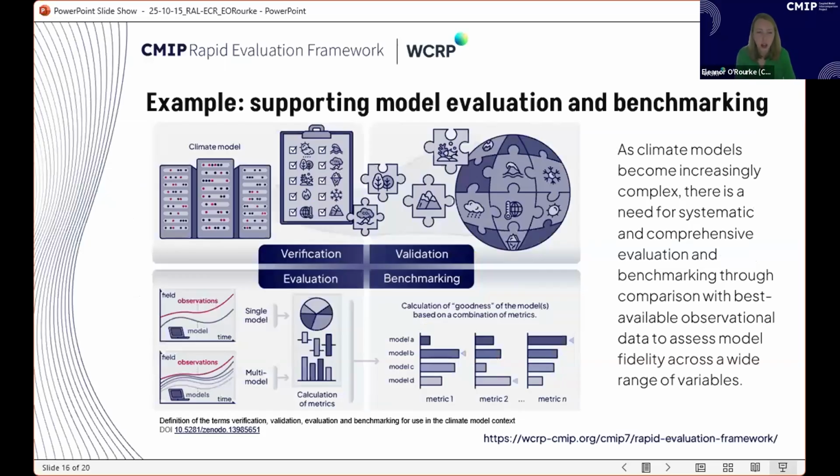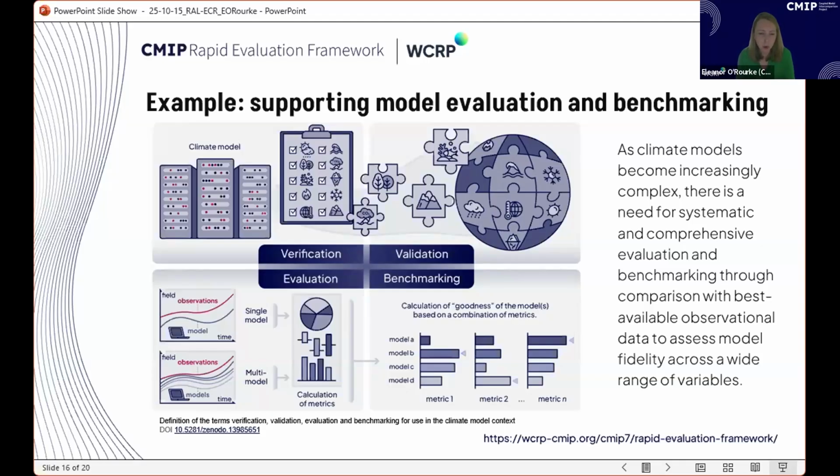Another great example is supporting model evaluation and benchmarking. So that's looking at how we can assess the models and verify them. Are they doing what we expect them to do, validating their process representation. Then also looking at how they match observations, both in terms of a single model or the multi-model ensemble, and how they represent different metrics and how they may be best used for different global regions, for example.